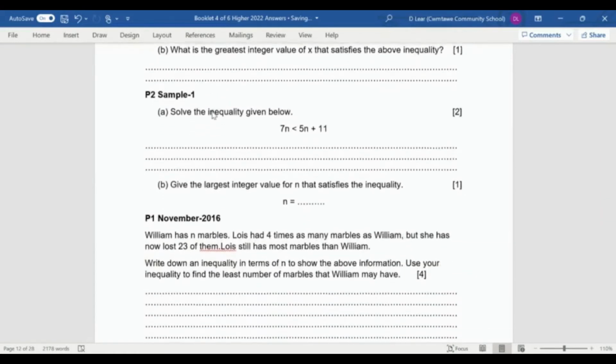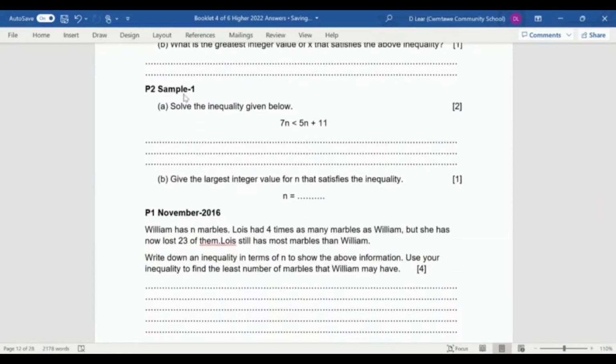I'll do this one from the sample paper from a few years ago. The reason I'm doing this one is because I don't like this 5n being here. I want it to come over with the other n terms, the subject terms in this case. So 7n minus 5n, because it's positive, that side coming over here, is less than, and I've still got 11 there.